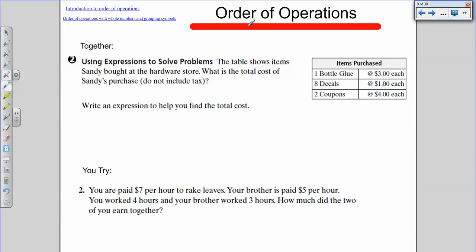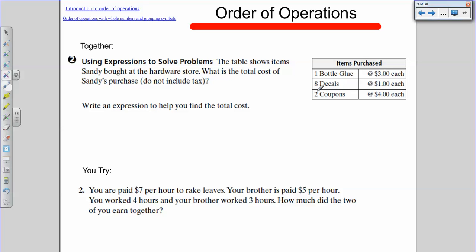All right, so knowing the order of operations can really help us if we are trying to solve some sort of a word problem. So I'm going to use an expression to solve a problem. My table shows me what Sandy bought at the hardware store. I want to know the total cost of Sandy's purchase. So I'm going to write an expression to help me find the total cost.